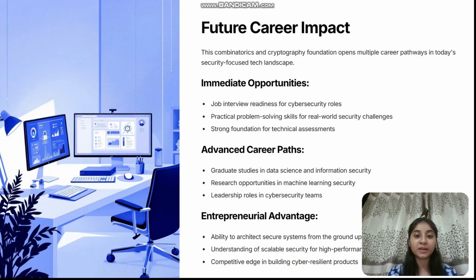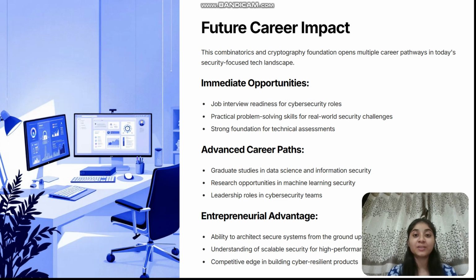Understanding how combinatorics enhances the security of digital systems will be useful in higher studies or research. Cryptography is critical in fields like data science, machine learning, and information security, and these concepts will be foundational to solving complex problems in those areas.